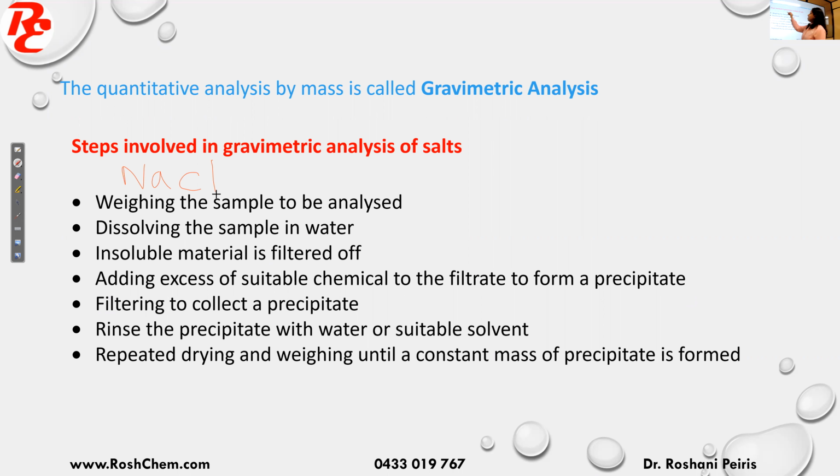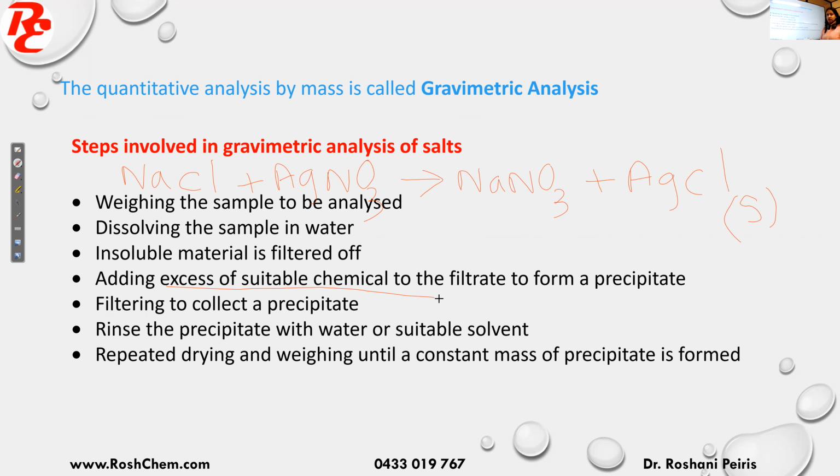So I can add silver nitrate. When I add silver nitrate, I know that I can precipitate the chloride ions as silver chloride because silver chloride is insoluble. So your reaction is then you get sodium nitrate and silver chloride, and you know silver chloride is insoluble. So that's why we add excess of a suitable chemical to the filtrate.